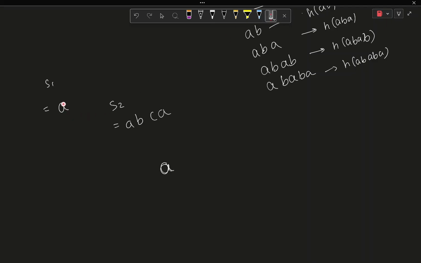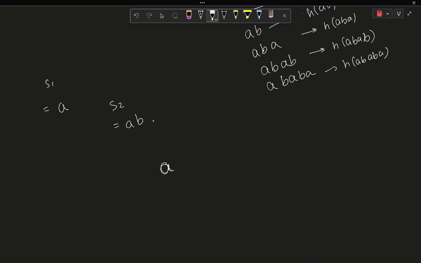For s1, which is equal to a, this string might have a prefix and suffix equal to the string s1, right? But for length 2, for length 3, for length 4 and so on, it won't really be the case. There can be no such string of length 2 where the prefix and suffix are equal, because my prefix and suffix are not equal in themselves.